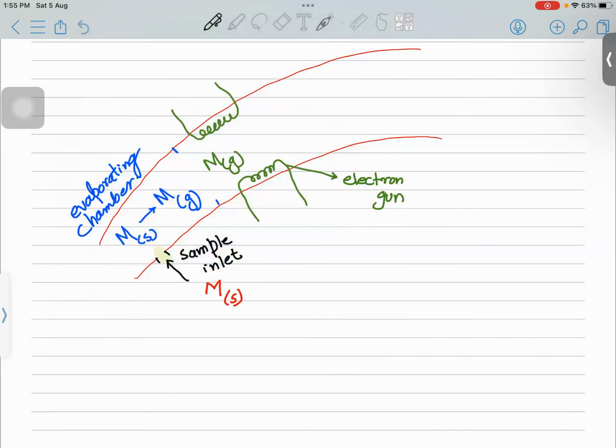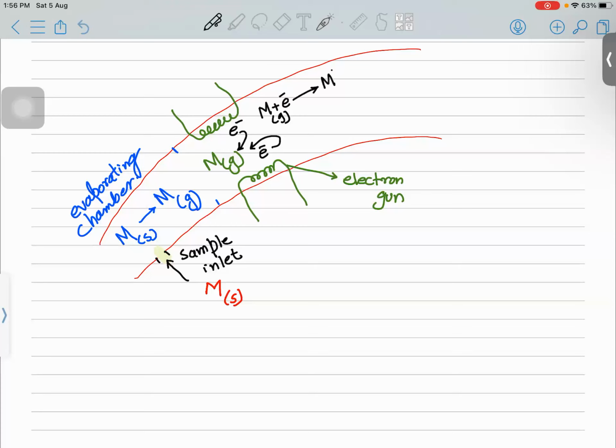Electrons are bombarded. So when electrons contact M, you have three options.